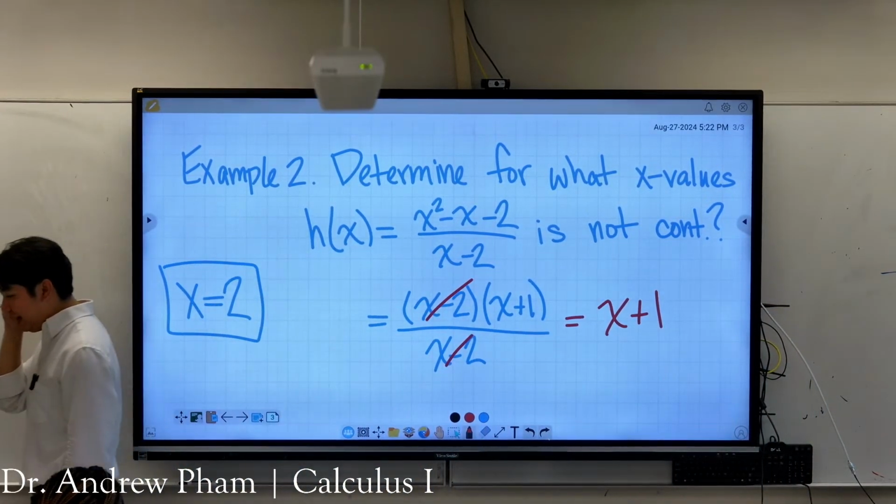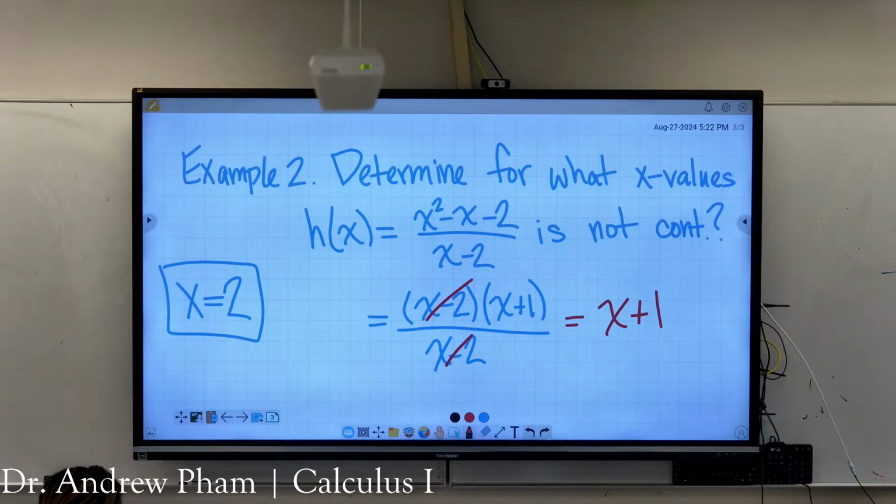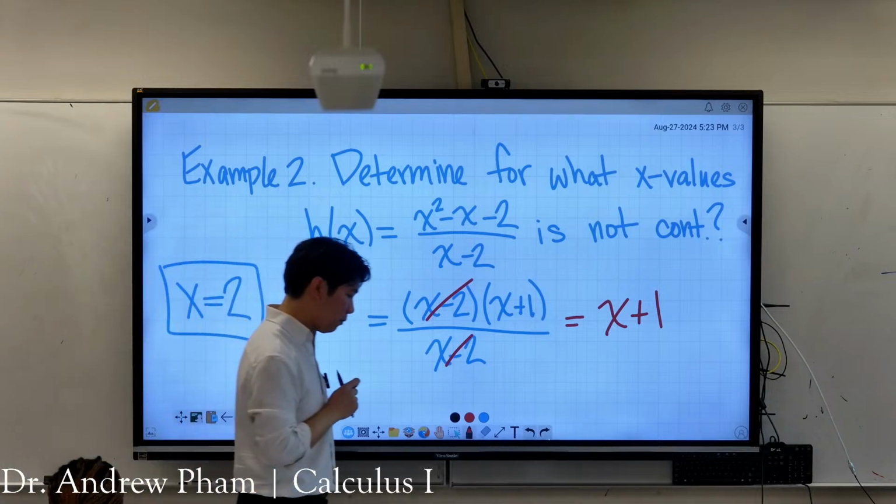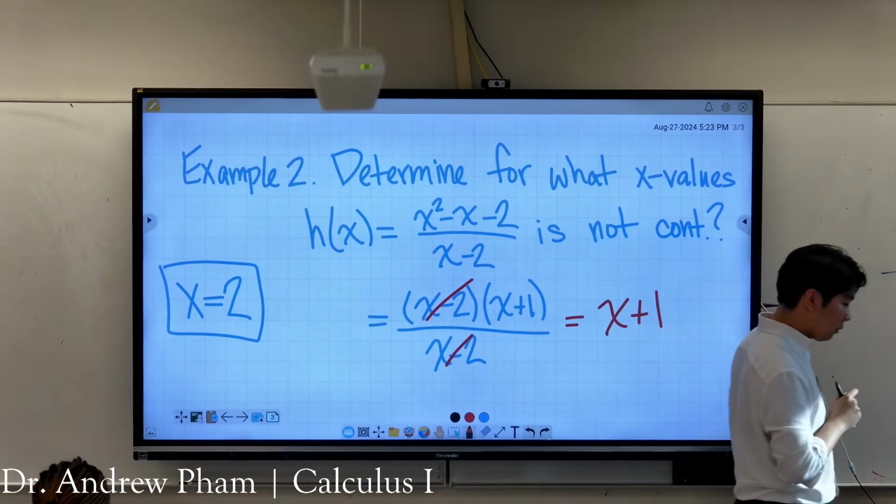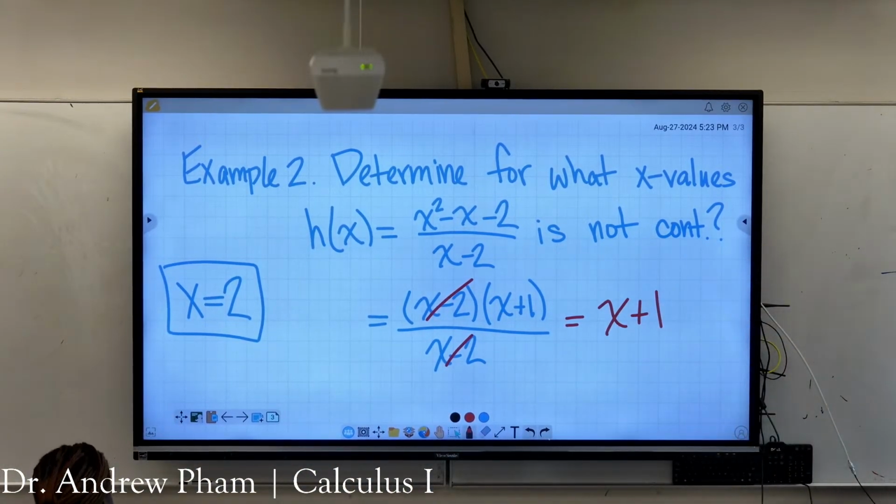So do I have a point of discontinuity, or do I not? Because it looks like it simplifies. Is x equal to 2 still a problem? So again, we simplify this into x plus 1.